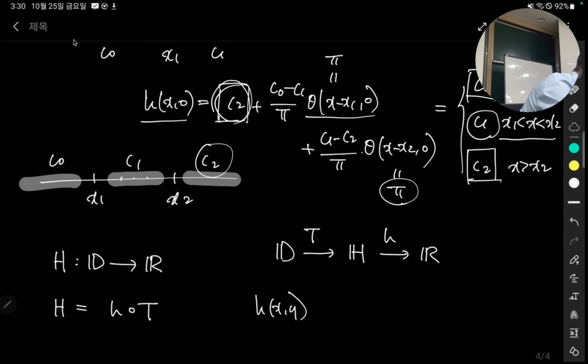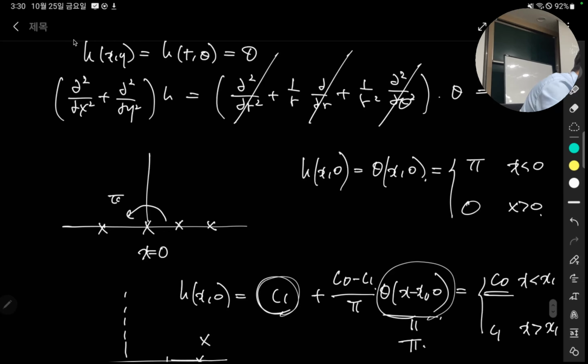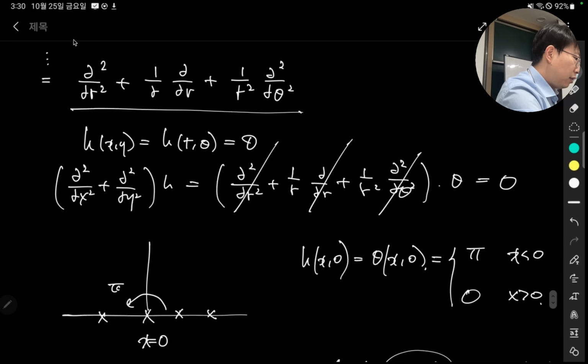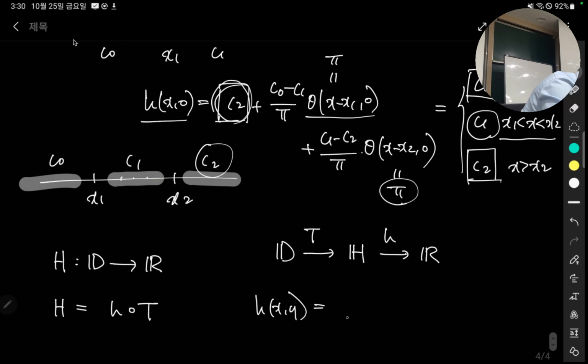in the making of H1, Hx and Y, I only considered the boundary point, but if I define my H to be theta function, I could have Y not equal to 0 because I can have any Y to compute the theta here. But as long as I have theta, I know that it's harmonic because we proved that. So I have H of X and Y to be some linear combination of theta functions.